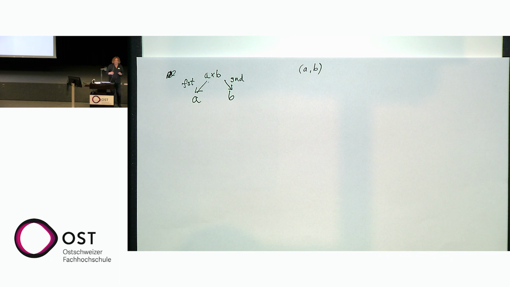We defined that using arrows and using this universal construction. Universal construction means that you look at the universe of all possible objects in the category. So let's try to do the same with products.